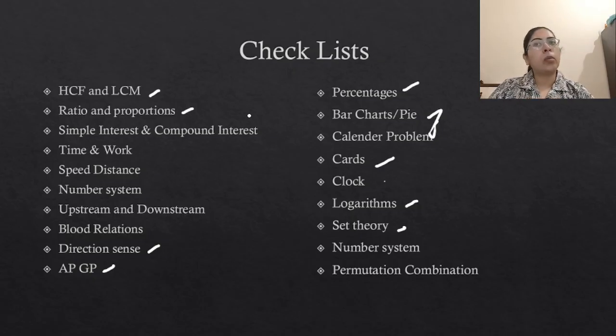Similarly, take simple interest and compound interest, understand the concept, and then solve the PYQs from the book. Then take time and work, solve the questions from the book. Similarly, solve all the topics, go topic by topic.